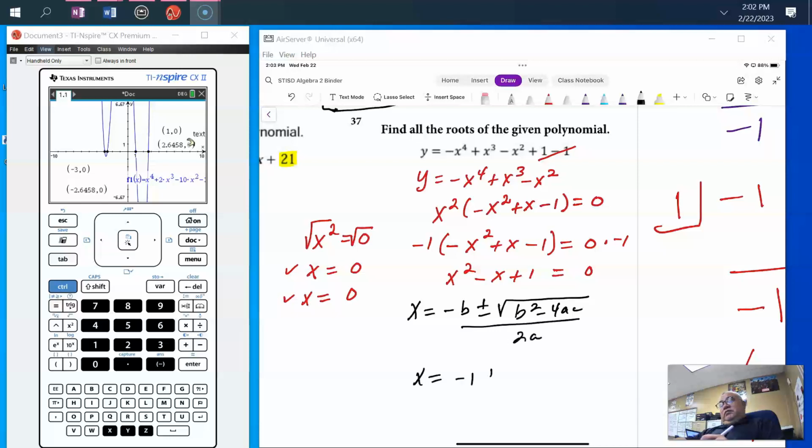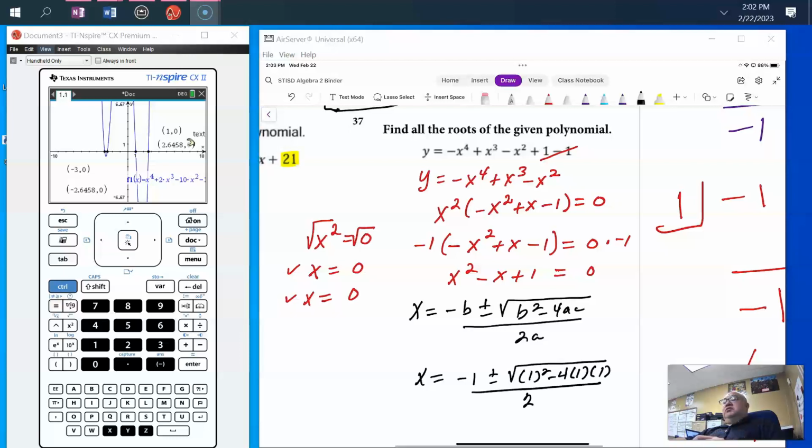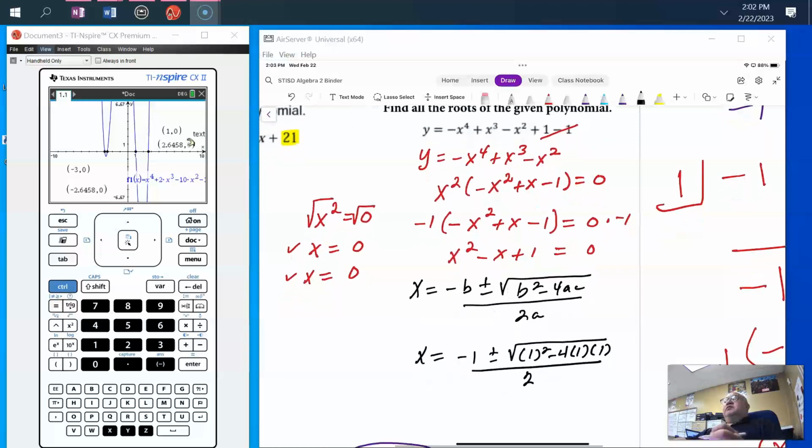Negative 1 plus or minus the square root of the discriminant, 1 squared minus 4 times 1 times 1, divided by 2 times 1, which is 2. I'm going to move it up just a little. So we have x equals negative 1 plus or minus the square root.